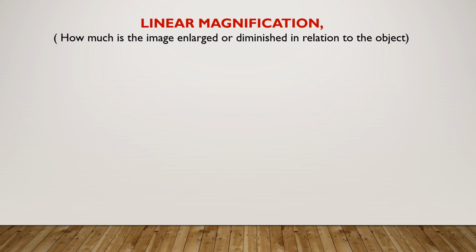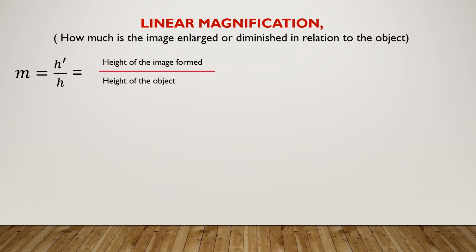Now linear magnification. Linear magnification means how the image is enlarged or diminished when compared to the object, and it is given by the formula m is equal to h dash by h. What is this h dash? It is the height of the image formed divided by the height of the object.